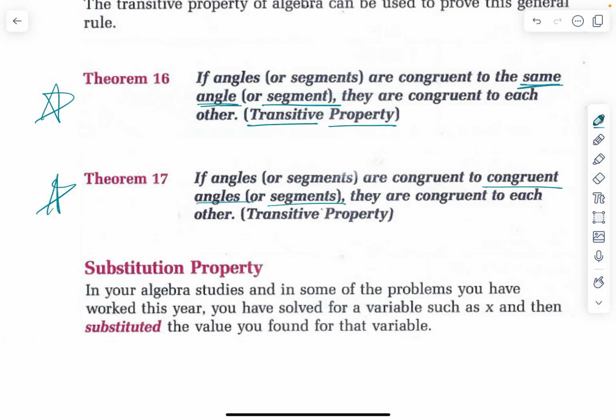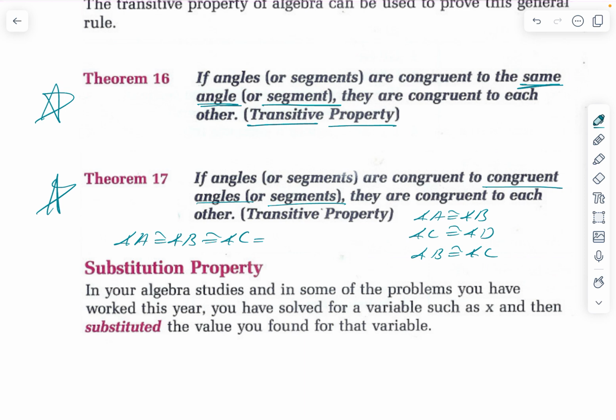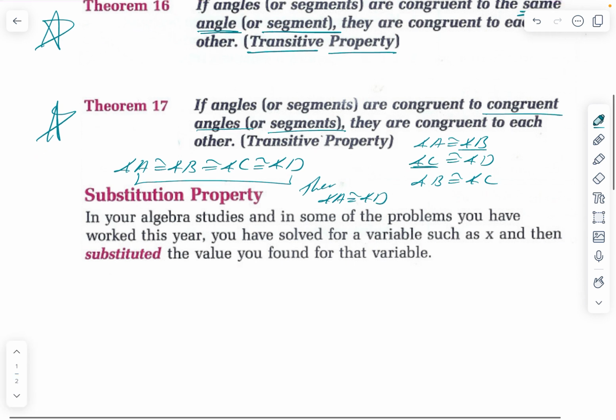For example, let's say we had angle A congruent to angle B, and then we had angle C congruent to angle D, and then they also told you that angle B was congruent to angle C. Well, we could make a big chain there where angle A is congruent to angle B, congruent to angle C, congruent to angle D, and we can make the conclusion then angle A is congruent to angle D. So since B and C were congruent, then angle A was congruent to angle D. So all of that is transitive property.